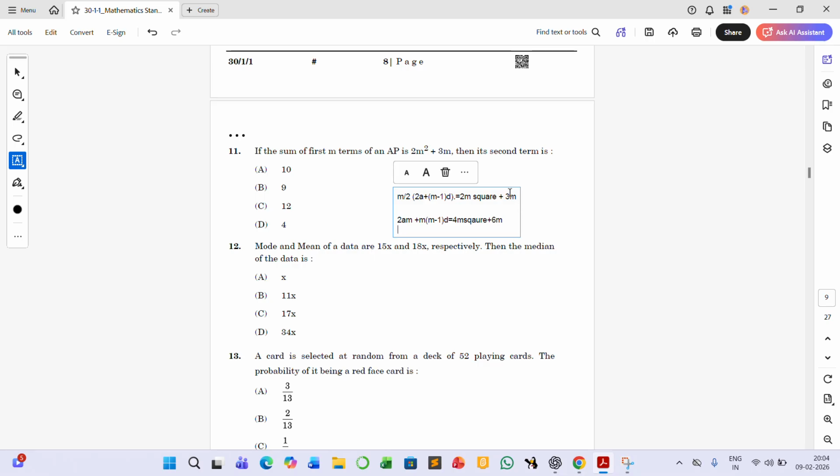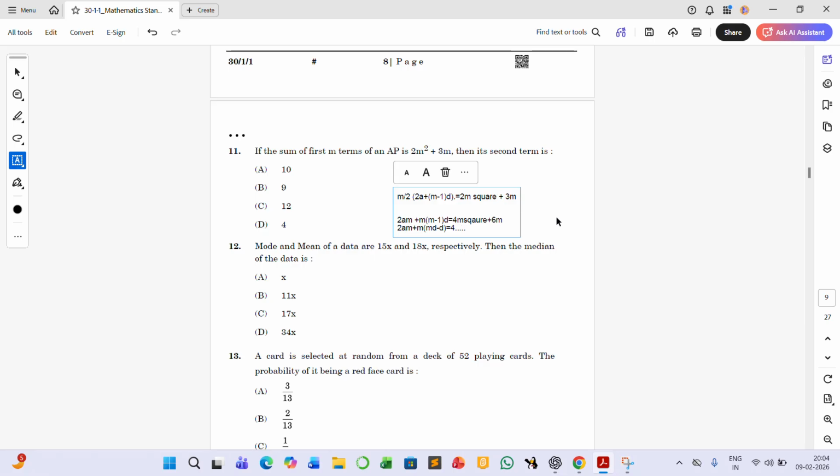Now the tricky part comes. 2am plus m into (md minus d) is equal to 4m square plus 6m.